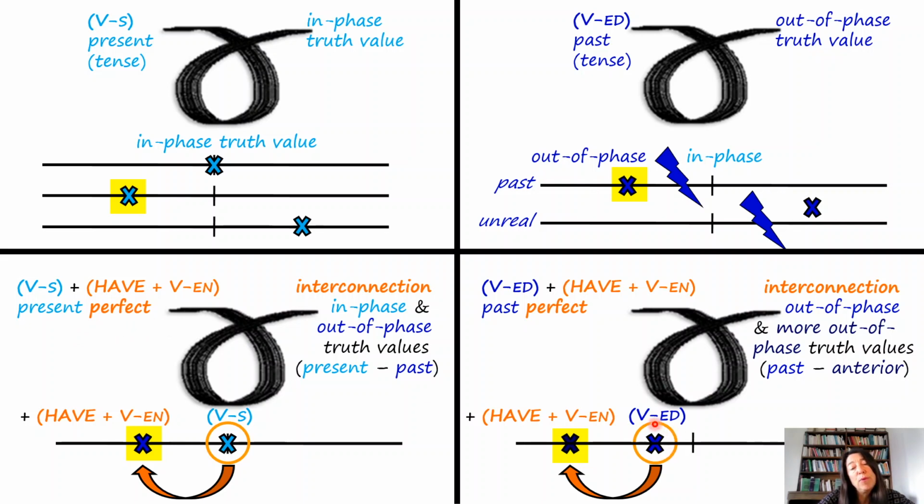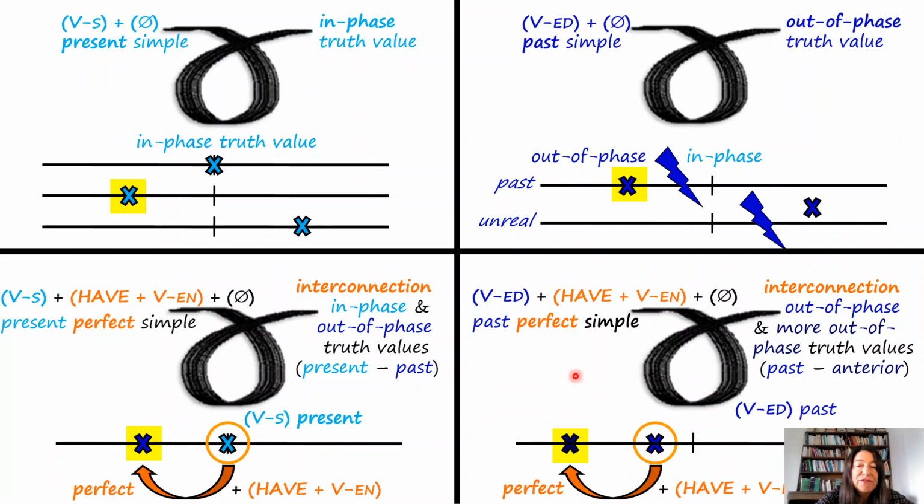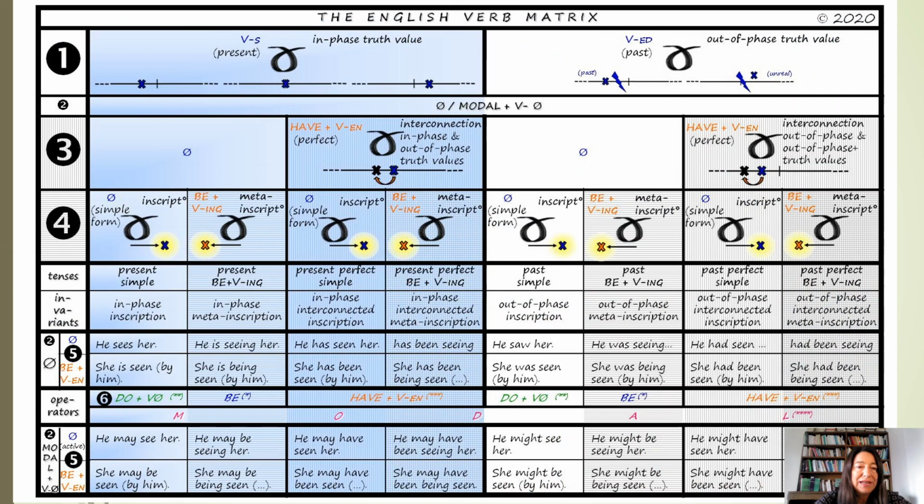And if the point of reference is in the past, therefore, the interconnection is between an out of phase and an even more out of phase event. Therefore, in that case, we'll use the past perfect, or to be more precise, the past perfect simple, because in each of these four cases, the simple form is the one that is used with these different tenses, as we can see in the verb matrix.